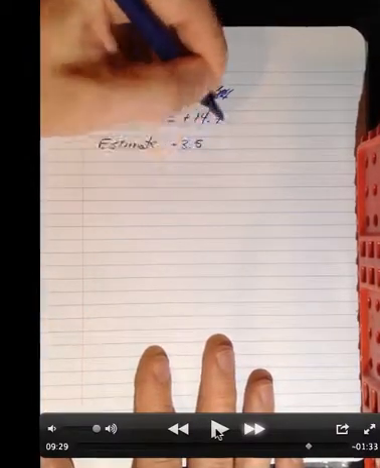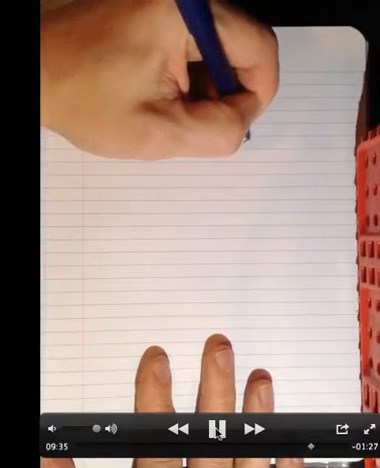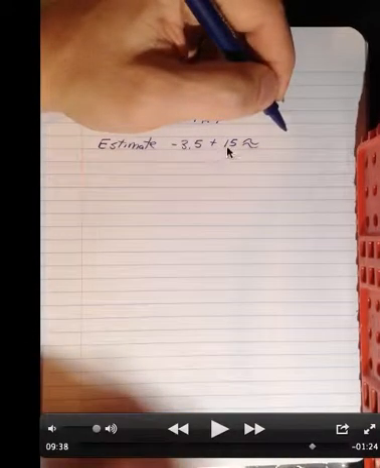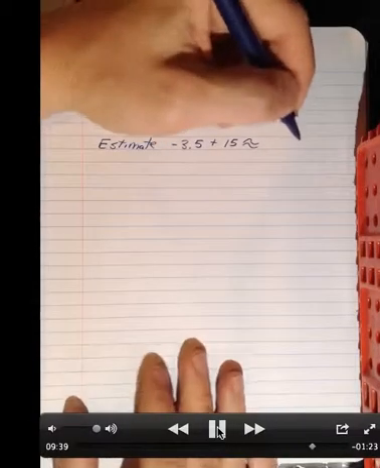Negative 3 and 52/100 would be close to 3.50. 14 and 70 cents would be closer to 14 and a half, and again I made an error in my estimation, but my estimation is still valid. It's just not as good as it could have been.